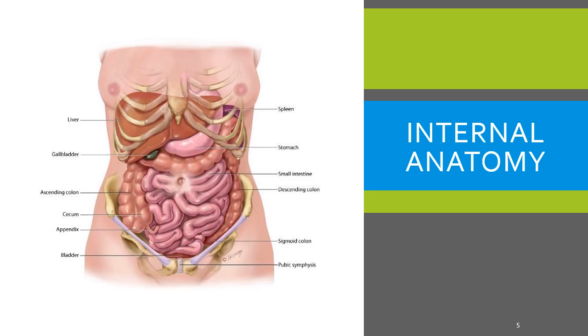The large intestine starts in the right lower quadrant with the cecum, where it moves from small intestine to large intestine, and then turns in the right upper quadrant at the hepatic flexure, where it basically is a bend at the liver, and then goes over to the left upper quadrant where it turns at the splenic flexure, which is a bend at the spleen, and then goes down where it turns from large intestine into kind of sigmoid colon in the left lower quadrant, and then into rectum and anus.